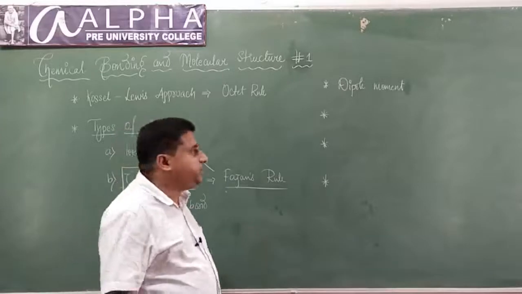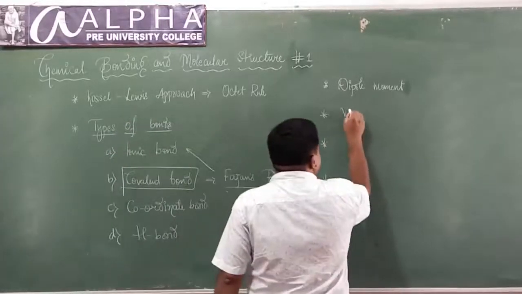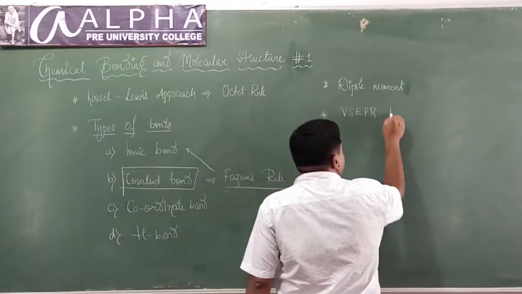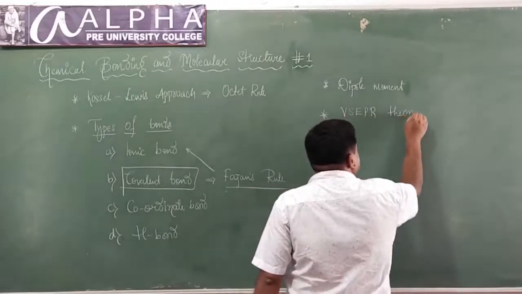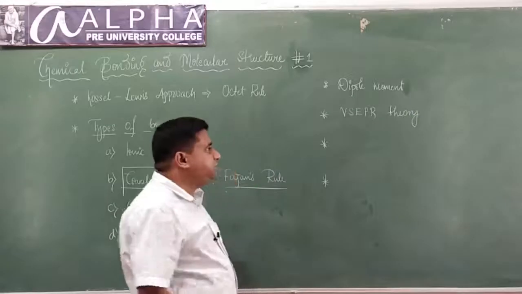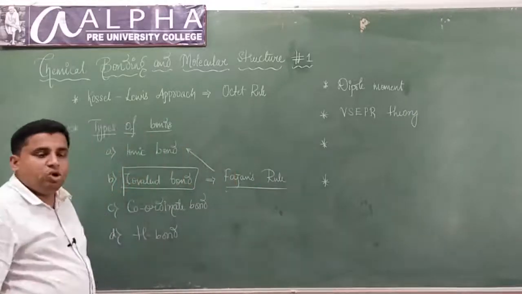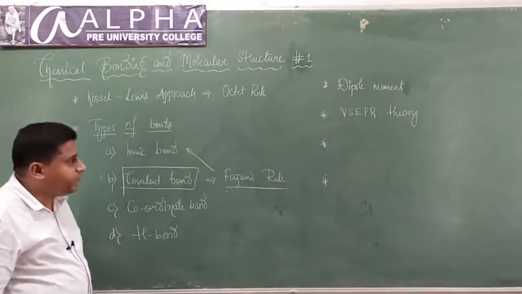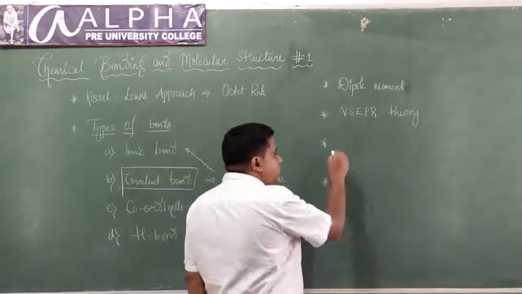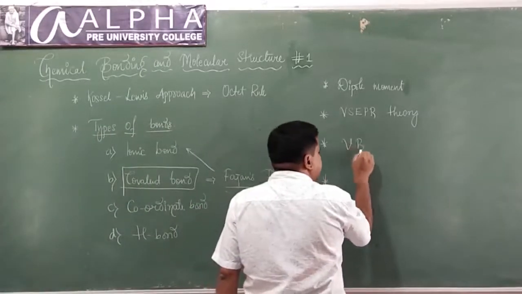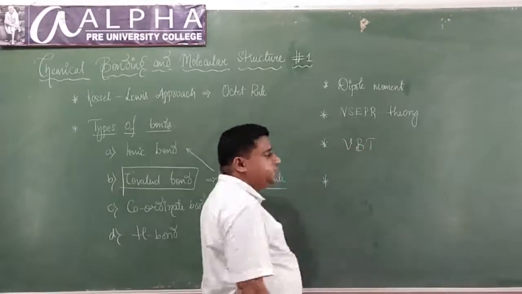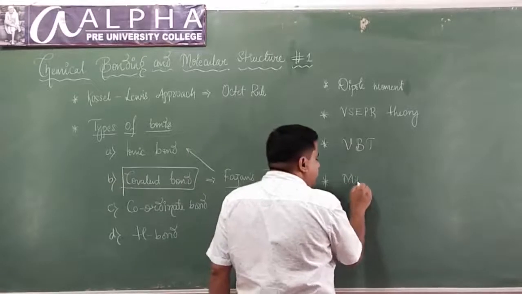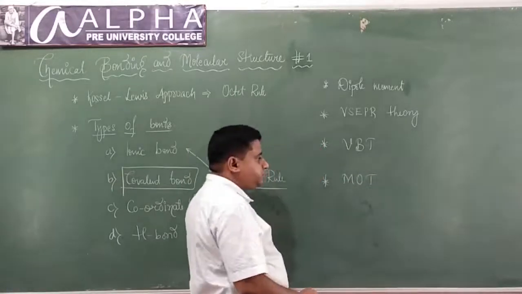Which are those 3 theories? That is valence shell electron pair repulsion theory, VSEPR theory. Then we have valence bond theory, VBT. And the last theory that we are going to discuss is molecular orbital theory.